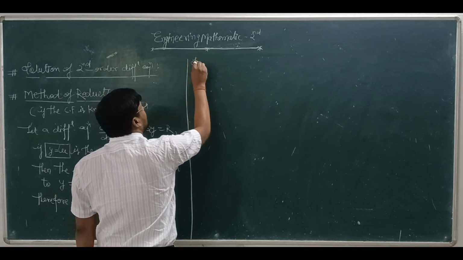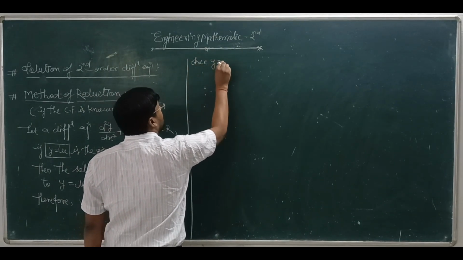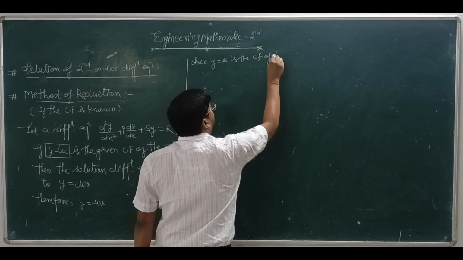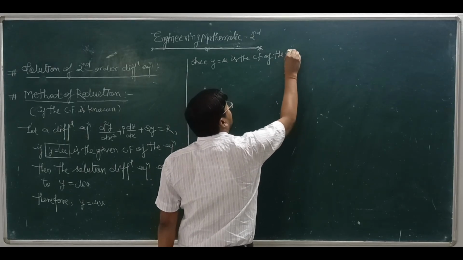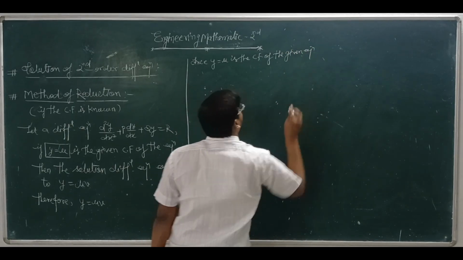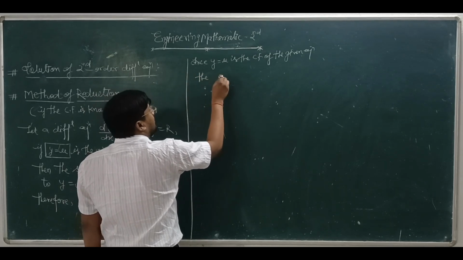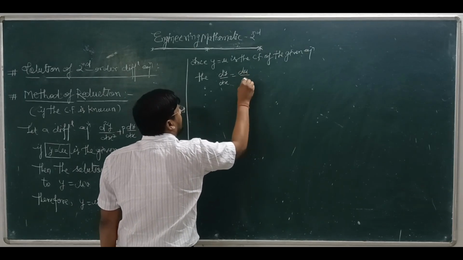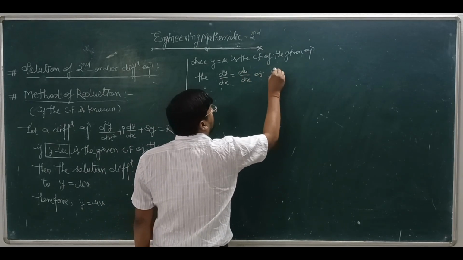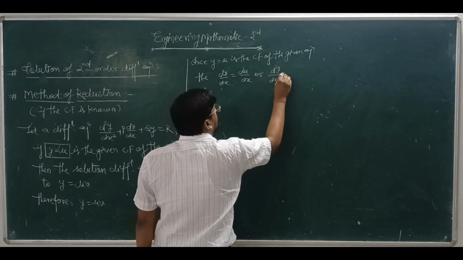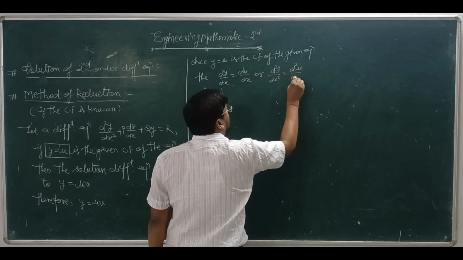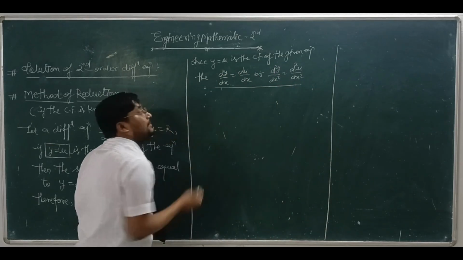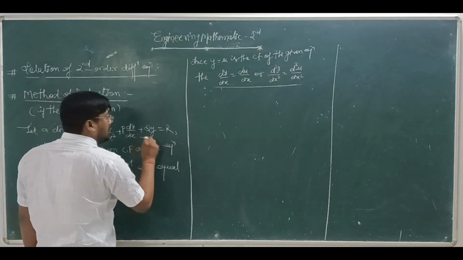Since y = u is the CF of the given equation, then dy/dx = du/dx, or you can simply write d2y/dx2 = d2u/dx2. Let this be equation number first.